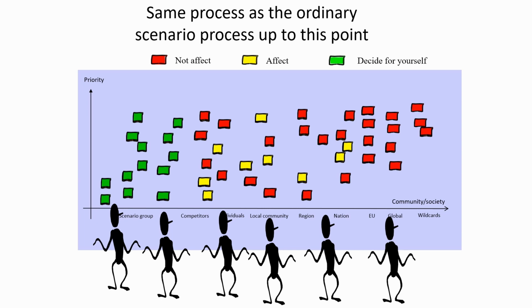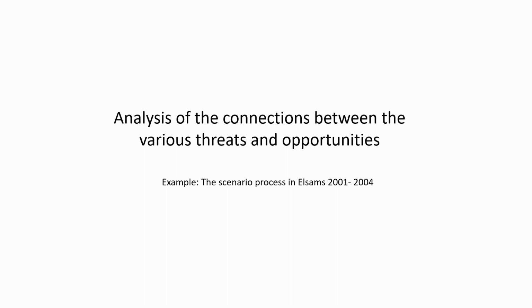In the next slide, I will show you how this can happen. I choose as an example the scenario work that the Danish electricity company Elsam carried out in the period 2001 to 2004.